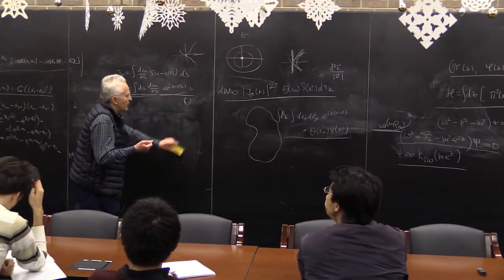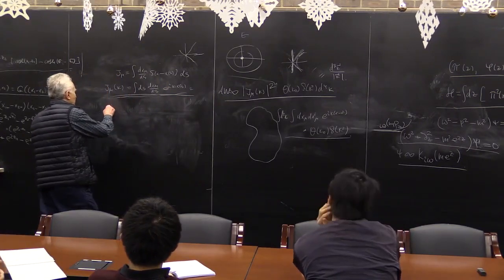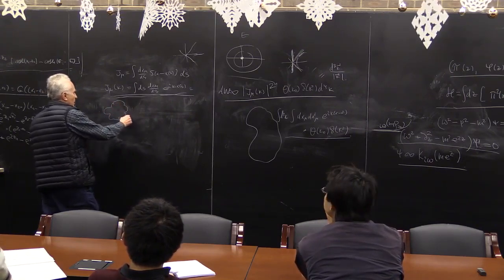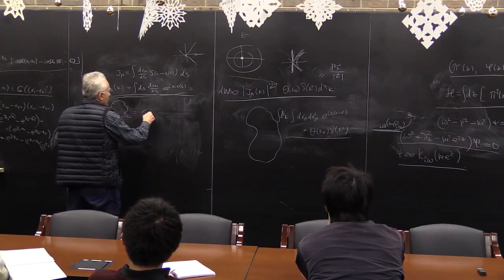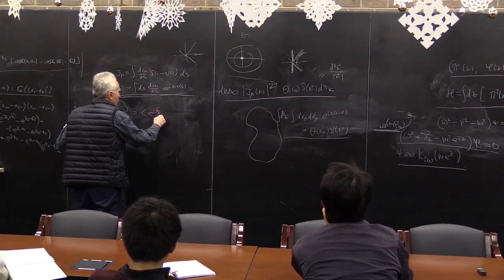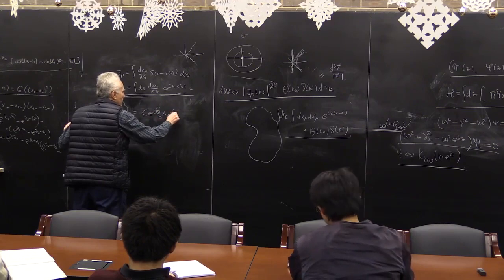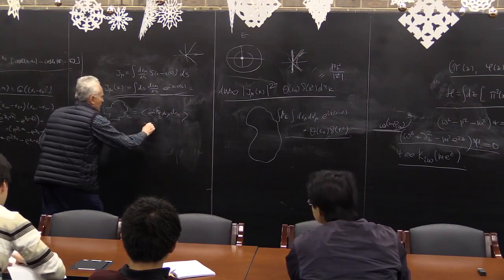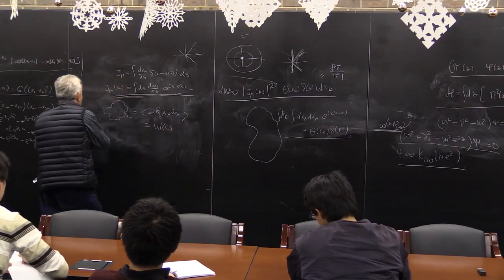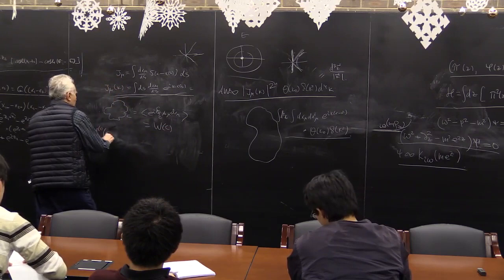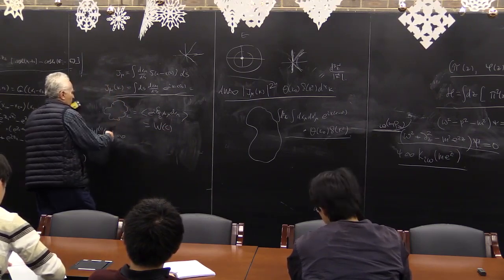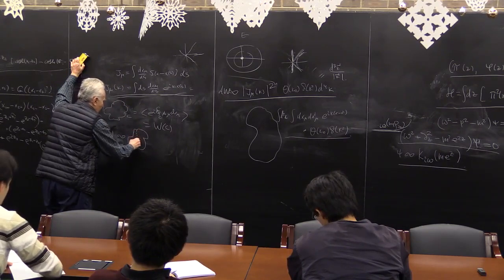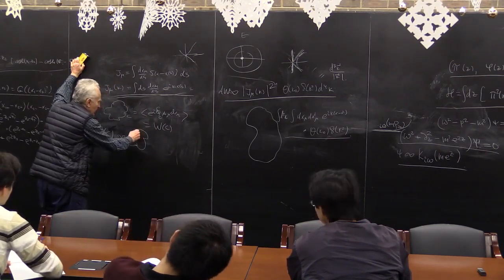But let me remind you of the standard Wilson loop, which you define, say, in Euclidean or in Minkowskian space, to first order. This is e to the i integral over c of a mu dx mu, and that's w of c. The first correction to the Wilson loop, the e-square correction, is given by this diagram. You exchange the photon here.